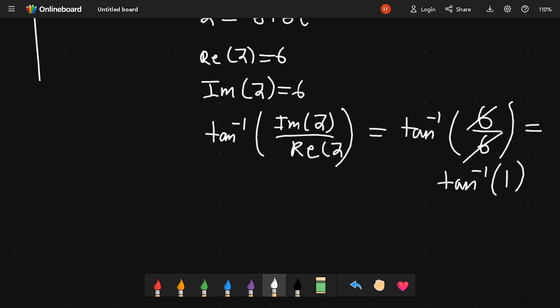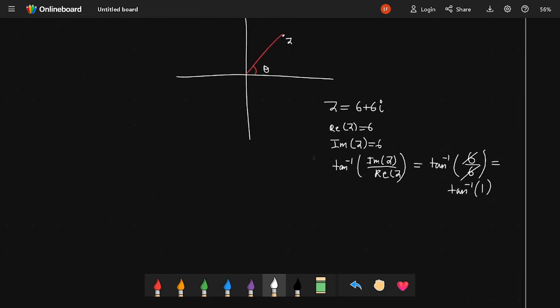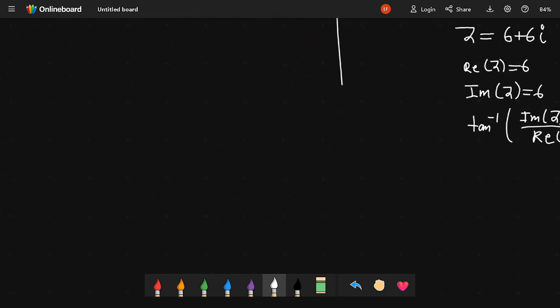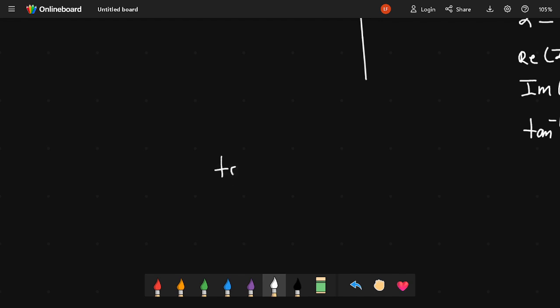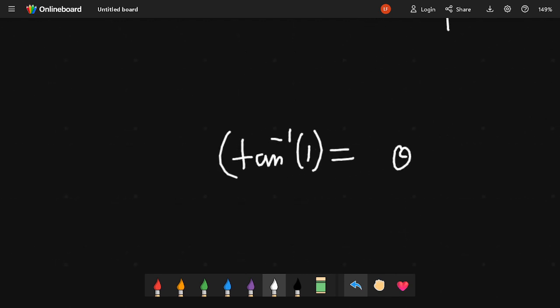So how do you solve an inverse trig function? I'm going to explain that clearly since I haven't done that yet. When you have an inverse trig function, tan inverse of 1, you let it equal some theta, some angle or variable. You could say y, you could say x, and you take tan of both sides.